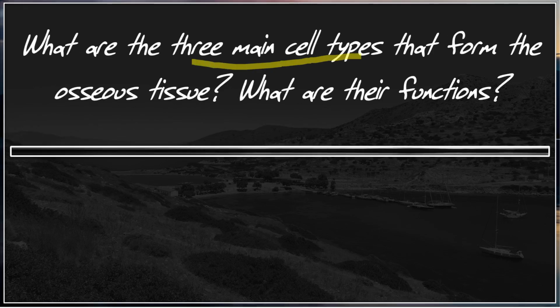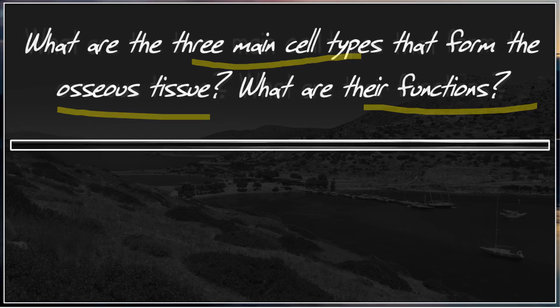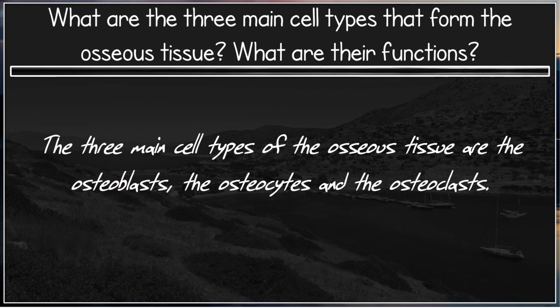What are the three main types of cells that form the osseous tissue? What are their functions? The three main types of cells of the osseous tissue are osteoblasts, osteocytes, and osteoclasts.